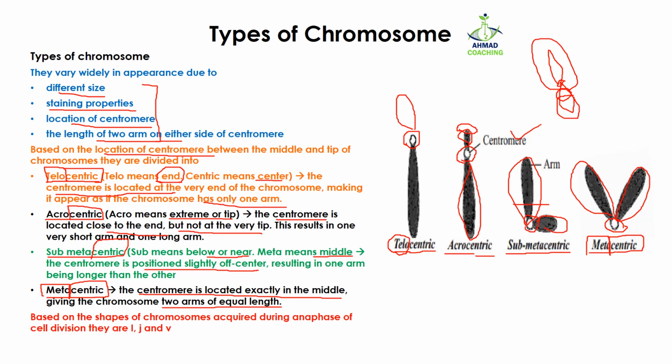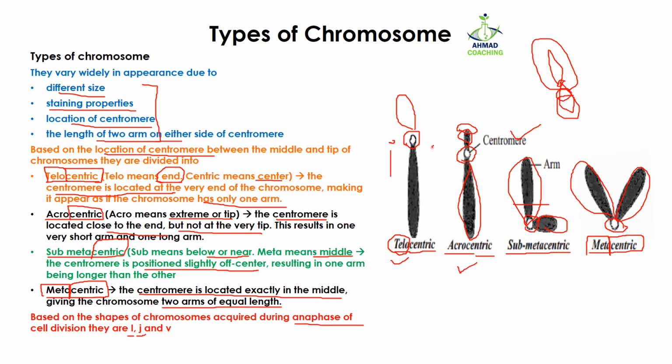Along with this, the chromosomes might also be classified based on their shapes. And these shapes are actually the shapes they attain during the anaphase of cell division. So they may be I-shaped, as we can see in the telocentric. They may be J-shaped, as you can see in acrocentric.